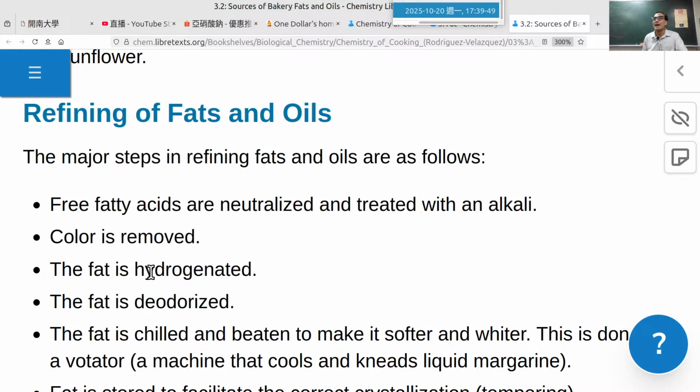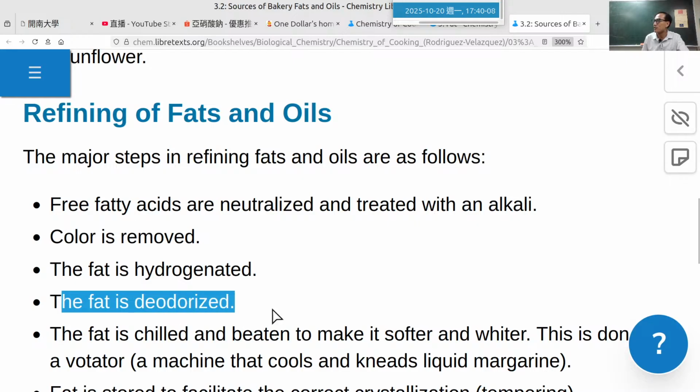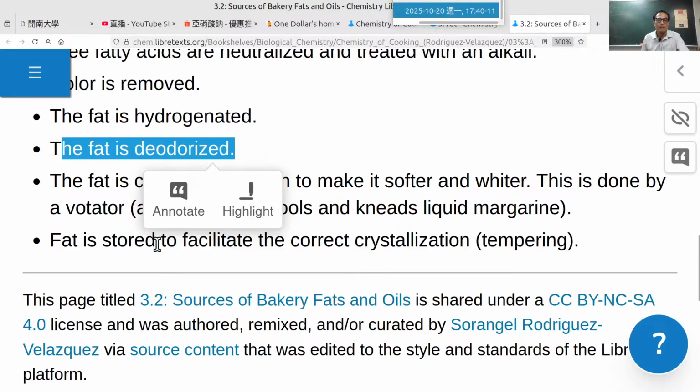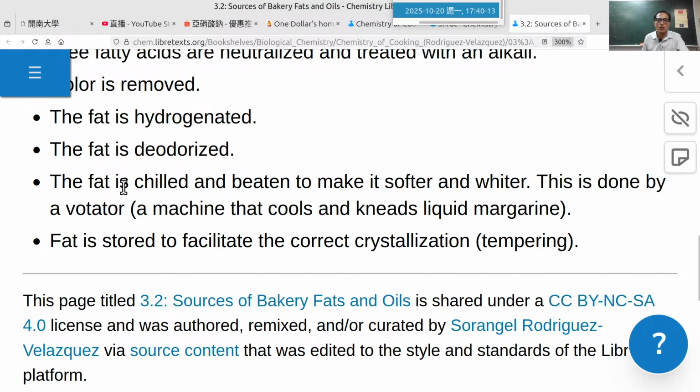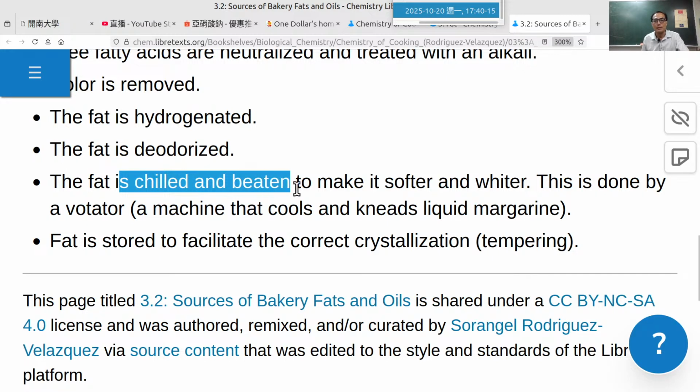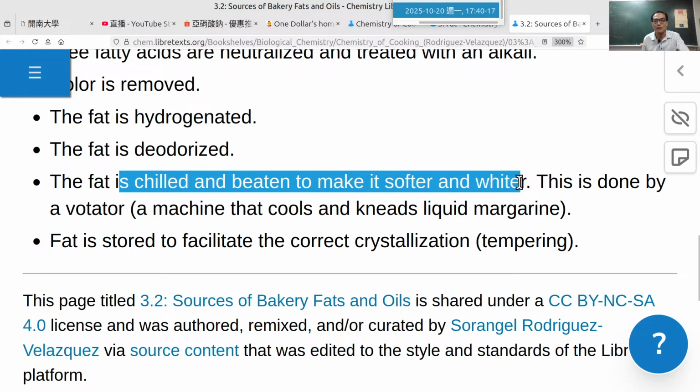But if we plan to prepare plant butter without real milk inside, we need to change the flavor with the technique called hydrogenation. And the fat is deodorized. Then the fat is chilled and beaten to make it softer and whiter.